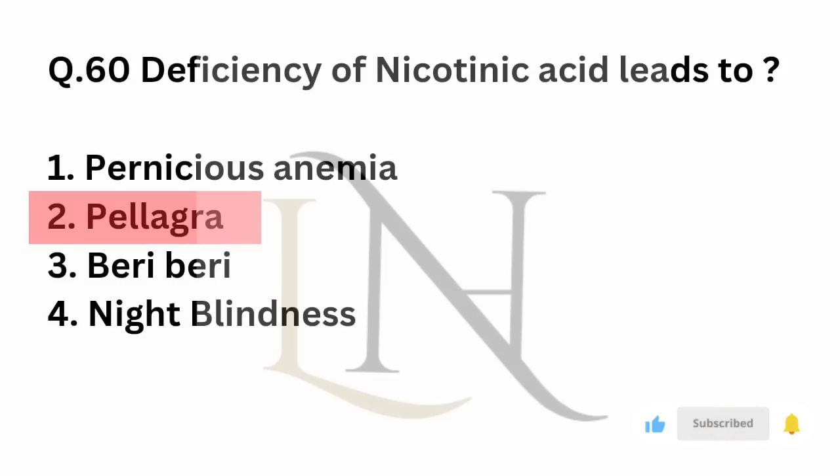Pernicious anemia is deficiency of vitamin B12, and beriberi occurs due to deficiency of thiamine. Beriberi has two types, dry beriberi and wet beriberi. Dry beriberi involves the nervous system and wet beriberi involves cardiac conditions.